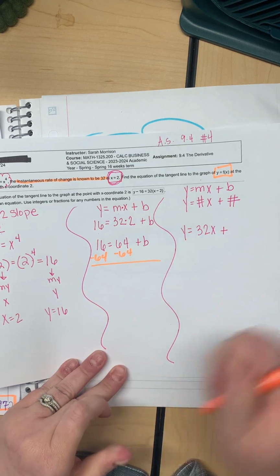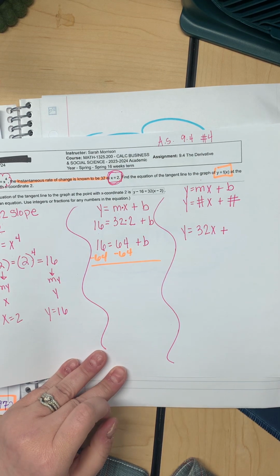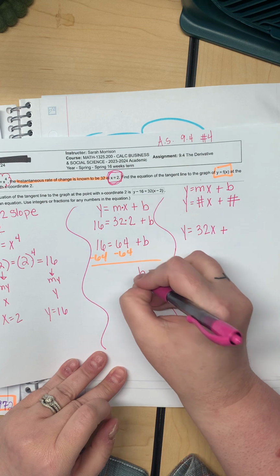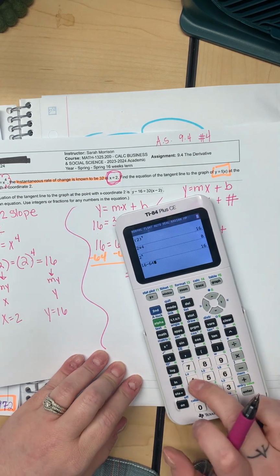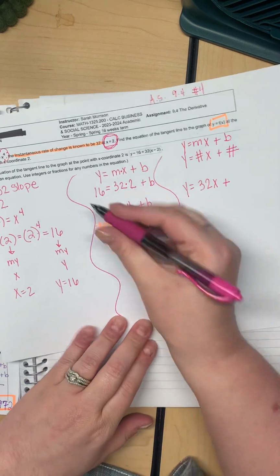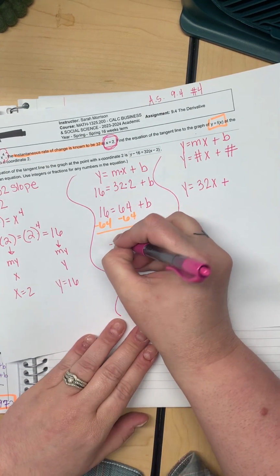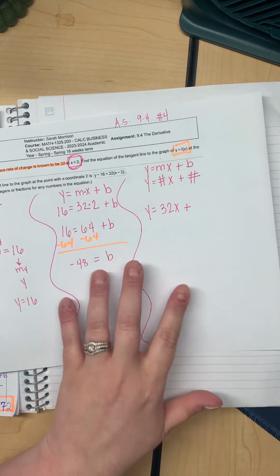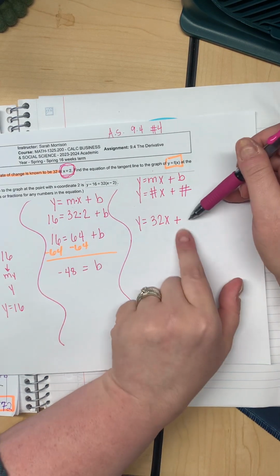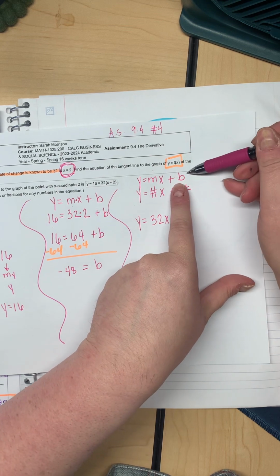And I think you get negative 48. Oh yeah, we do. Okay, so we get negative 48. So that's the letter b. So that's what I'm going to plug into where this letter b is supposed to be.